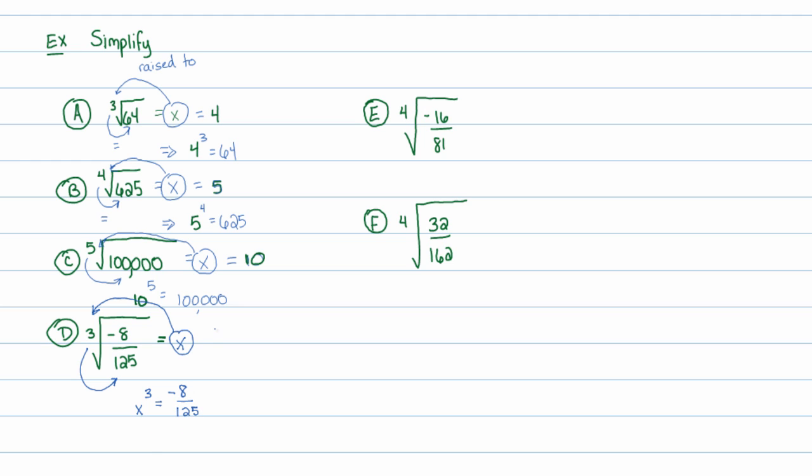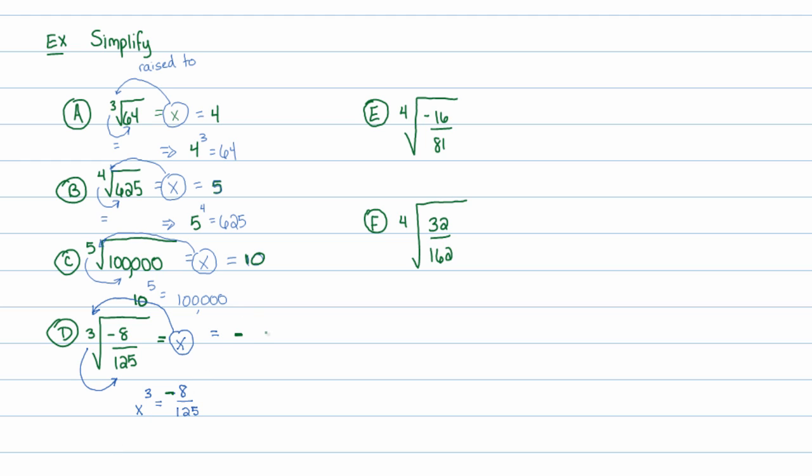First thing I'm going to notice here is that any number that I raise to a power, if I want that answer to be negative, that number inside that x should be negative. So I'm going to write a little negative sign out front, and I'm going to double check that. If x were negative, I'd have negative times negative times negative, which would definitely give me that negative right there. So we're okay.